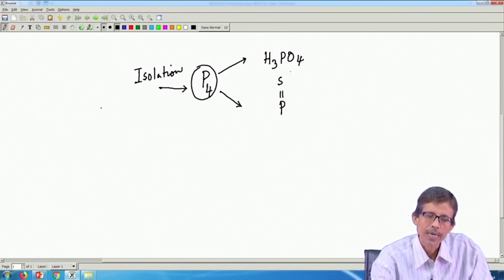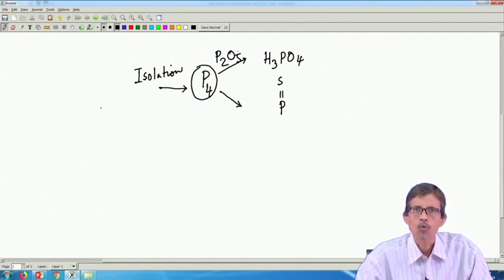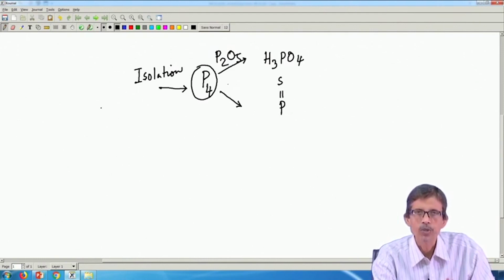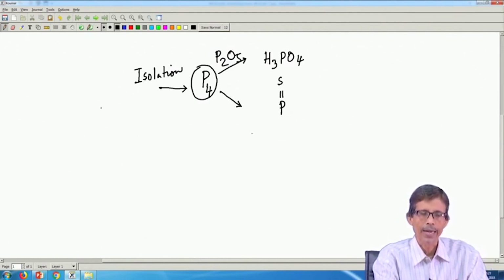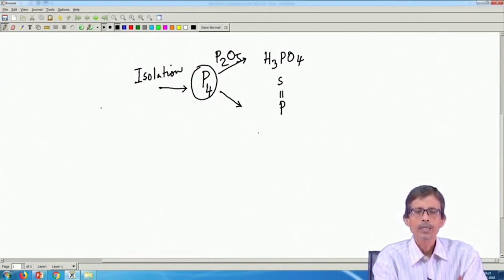Here, this conversion goes via the formation of P2O5. It is a very simple process of oxidation: if we have elemental phosphorus in our hand, we can oxidize it, and the highest level of oxidation beyond P2O3 gives P2O5, that means phosphorus in the +5 oxidation state.